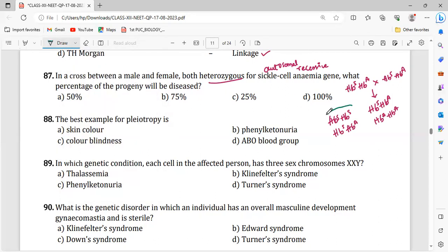Out of these, only this progeny will be affected. So the rest all will be normal, right? So here homozygous recessive allele is present. So that means out of four, one is affected. So that means 25% of the offsprings will be affected.